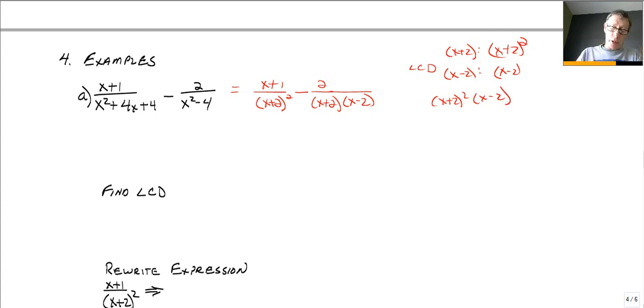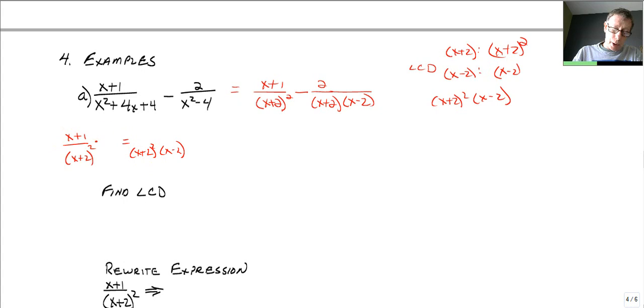So let's go ahead and convert these into fractions with the new denominator. So I have x plus 1 all over x plus 2 squared, and that's going to go to a new term that is going to have my LCD of x plus 2 squared x minus 2.